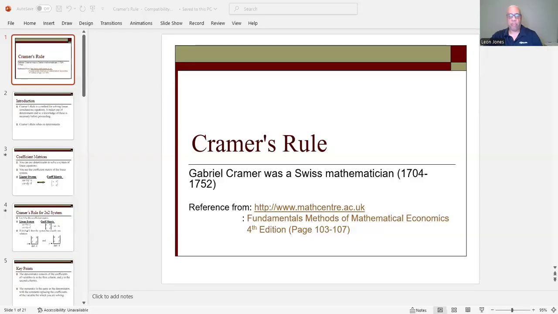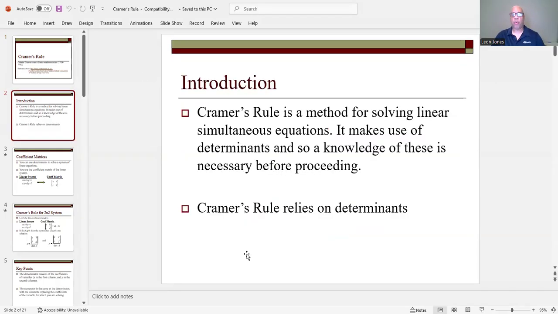Cramer was a Swiss mathematician, and he came up with this rule called Cramer's rule. Cramer's rule is a method for solving linear simultaneous equations. It makes use of determinants, and so a knowledge of these is necessary before proceeding.